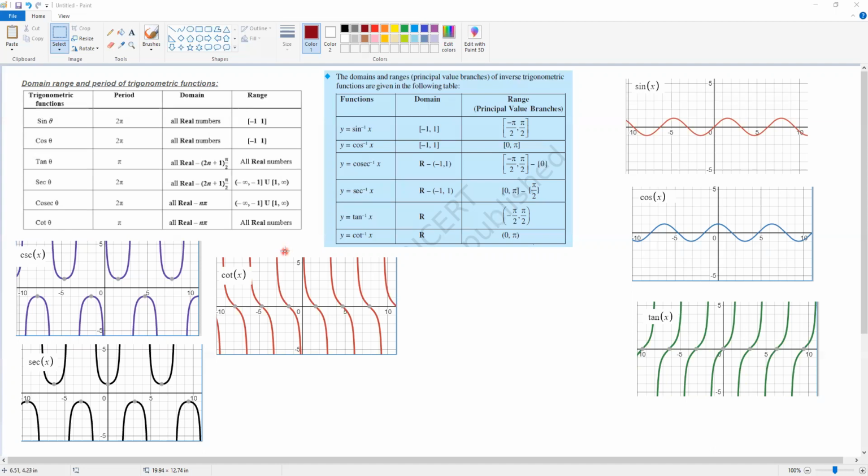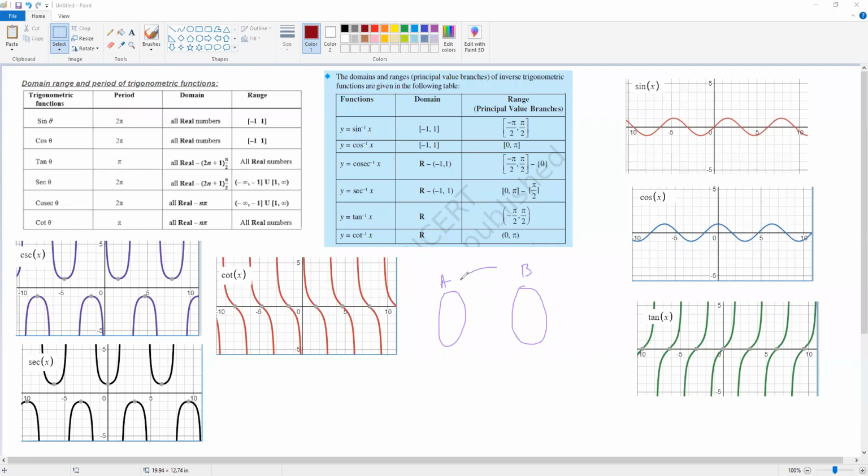Inverse of a function is possible or exists only when the function is both one-one and onto. Suppose you have a function f of x, and graphically you have your domain and your codomain.